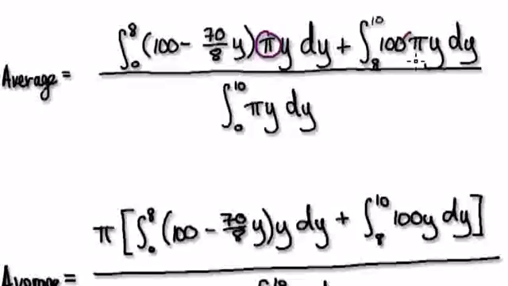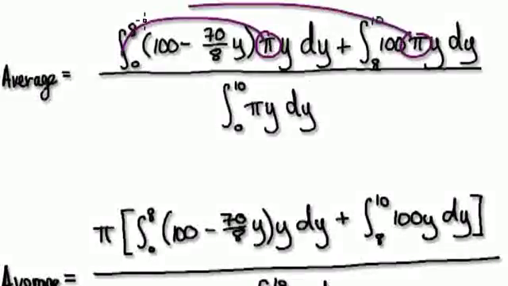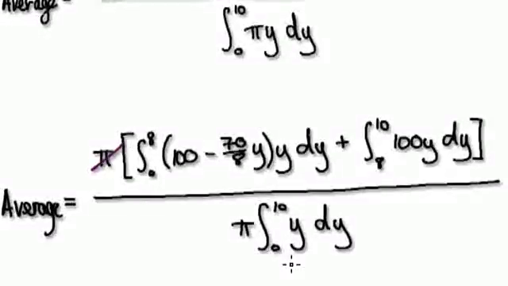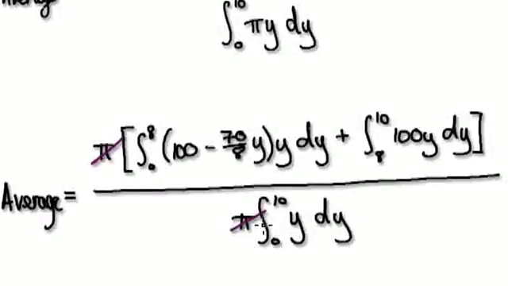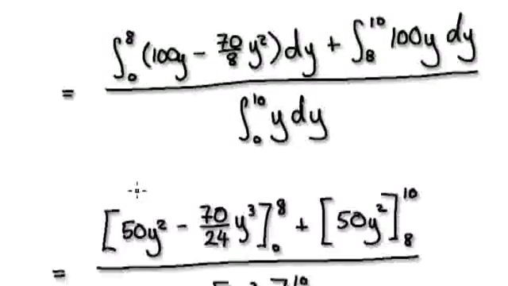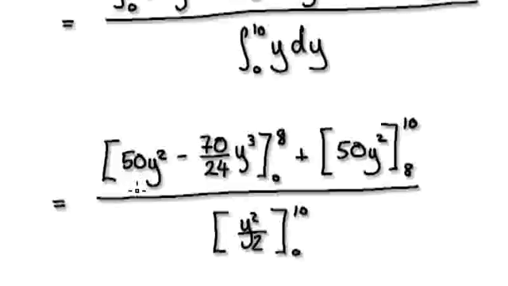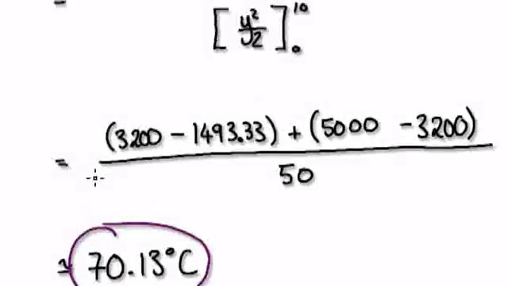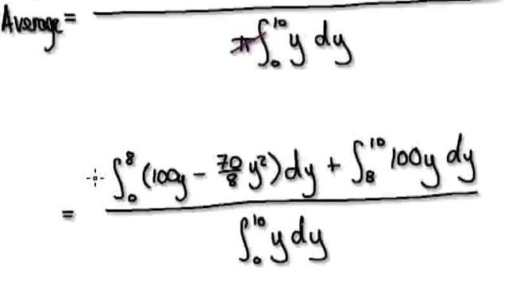So pi's in common, it becomes this, and then the two pi's will cancel each other out, giving you this, and then it's just a matter of evaluating it, and it should give you a temperature of roughly 70 degrees.